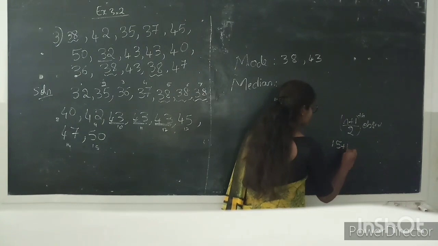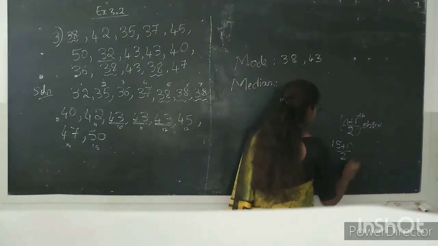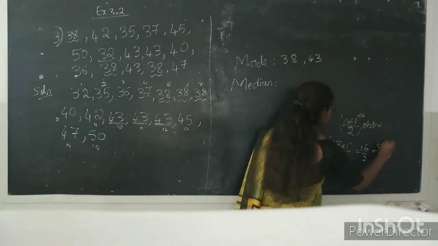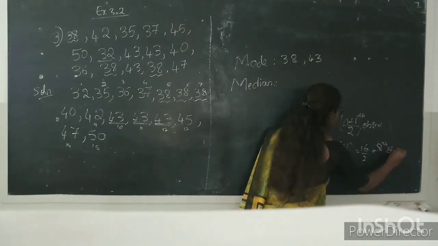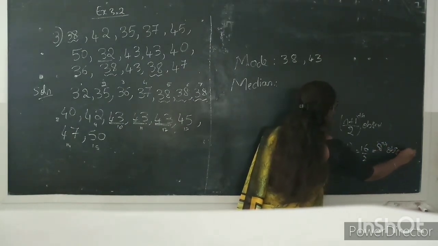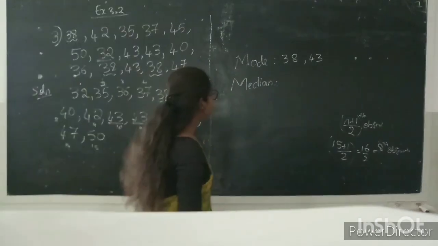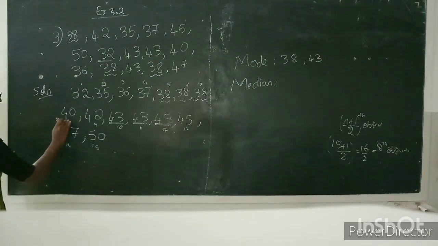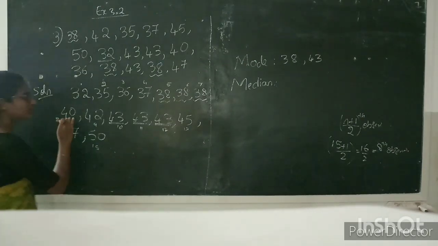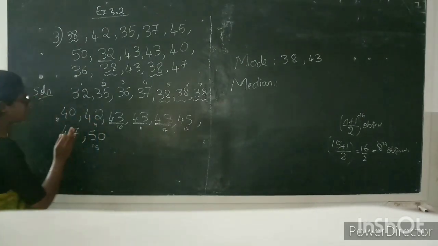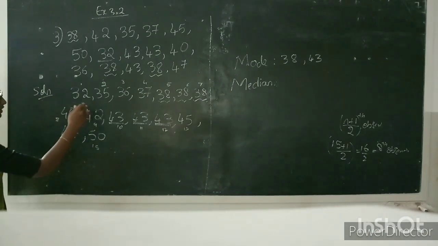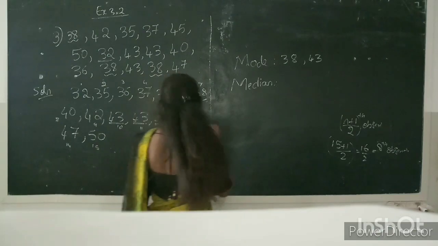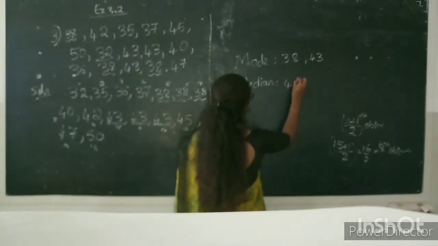So 15 plus 1 by 2 gives us 16 by 2, which is nothing but the 8th observation. Okay students? The 8th observation over here is 40. So 40 is the median of this data, which divides the given data above and below equally.